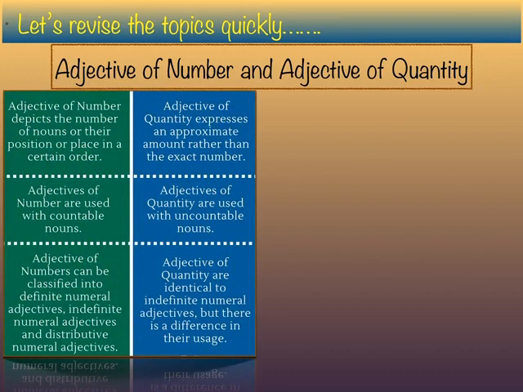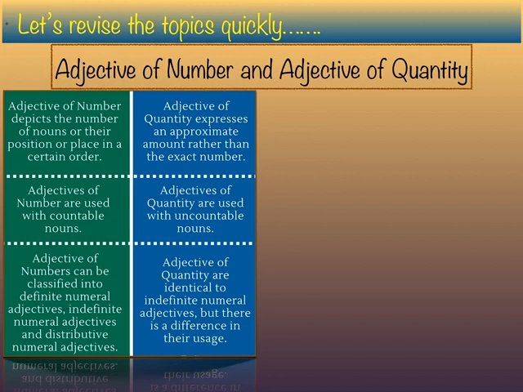Adjective of number depicts the number of nouns or their position or place in certain order, and they are used with countable nouns. Adjective of numbers can be classified into definite numeral adjectives, indefinite numeral adjectives, and distributive numeral adjectives.